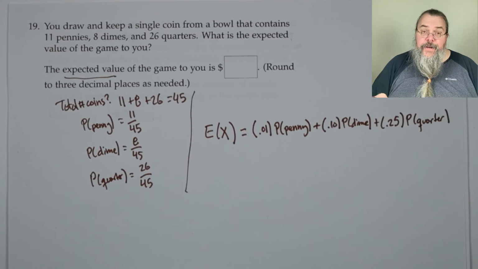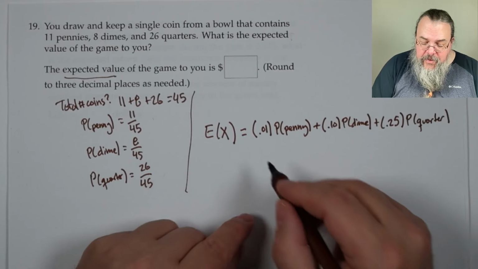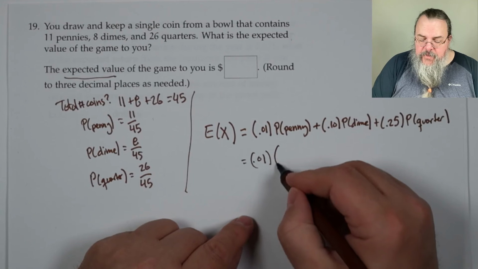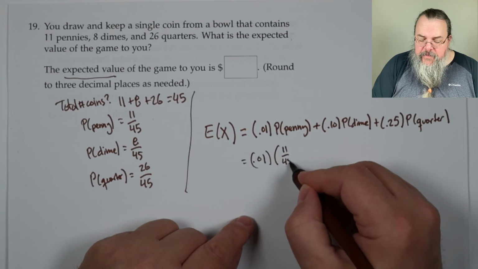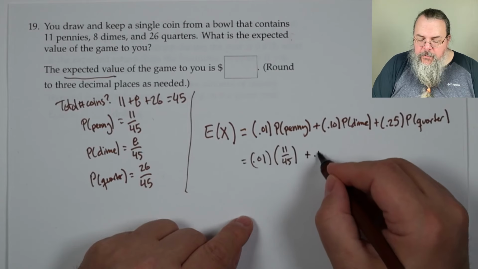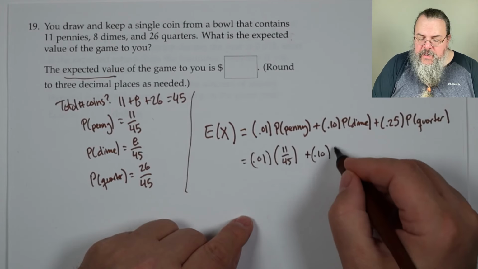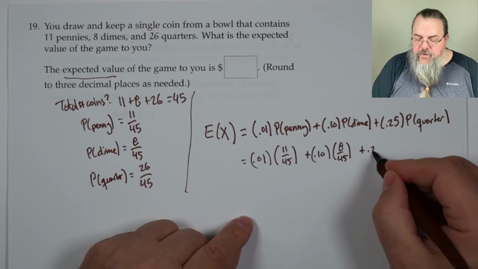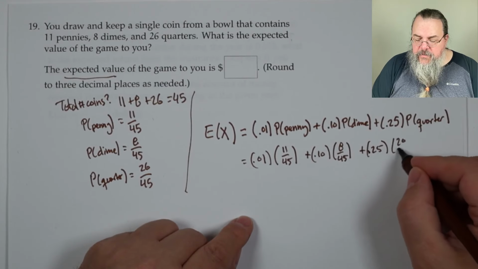So this is our computation, but we know these things, right? So this is 0.01 times 11 over 45 plus 0.10 times 8 over 45 plus 0.25 times 26 over 45.